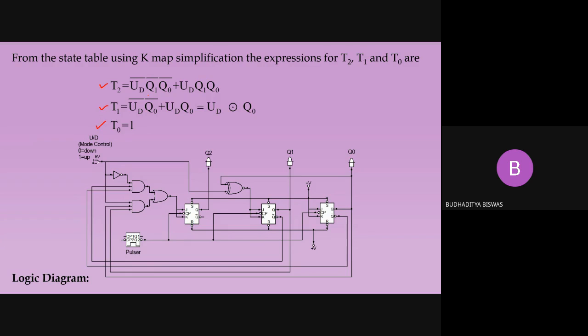But from this expression, Q2 bar is not required. That's why Q2 bar is left blank, because in the expression Q2 bar is not required, but Q1 bar and Q0 bar are required here. That's why we need to take connections from Q1 bar as well as Q0 bar. Got it? Okay, sir. This one is coming from the expression.